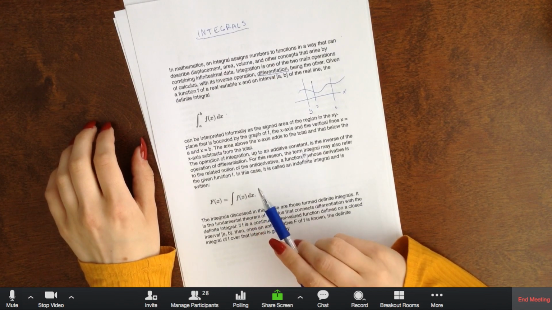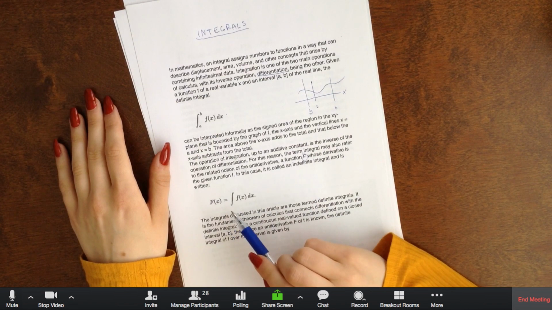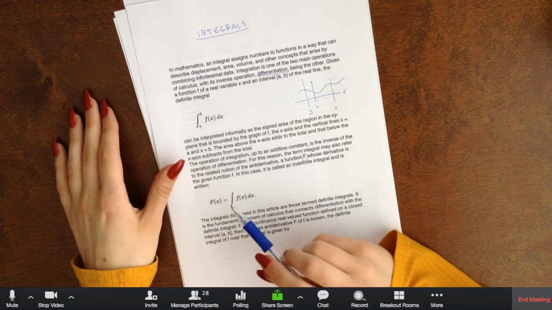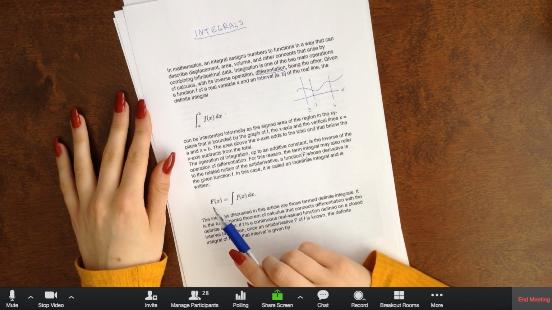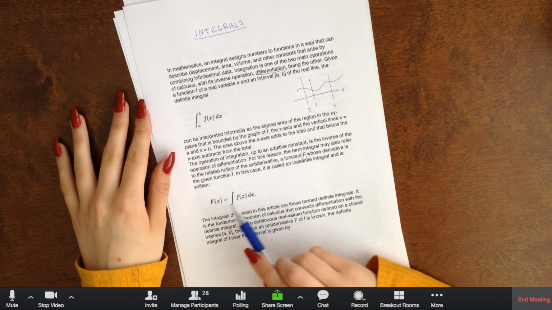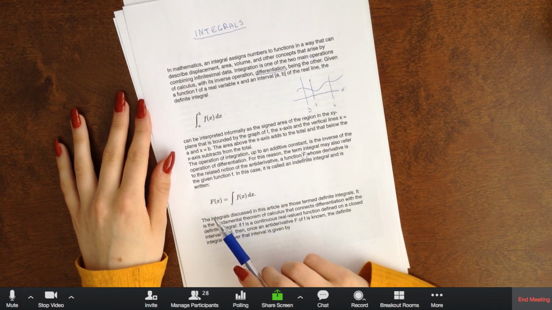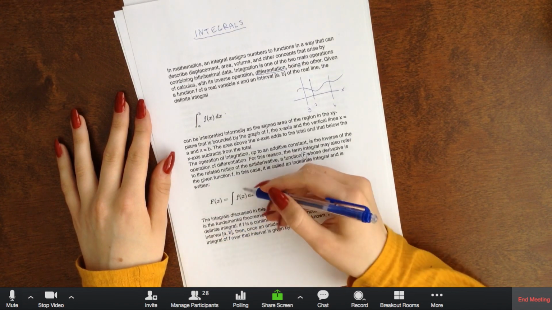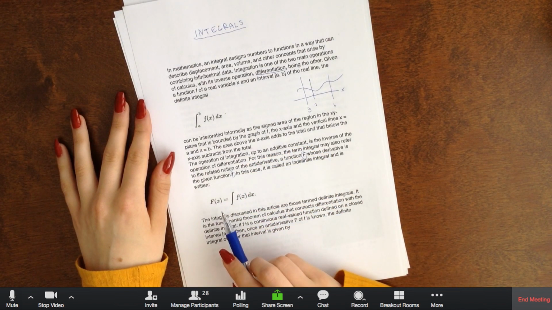In this case, it is called an indefinite integral and is written like so. Okay, so here we have the function f, and there are two ways to mark the integral of the function f right here. So these two are the same thing, okay?